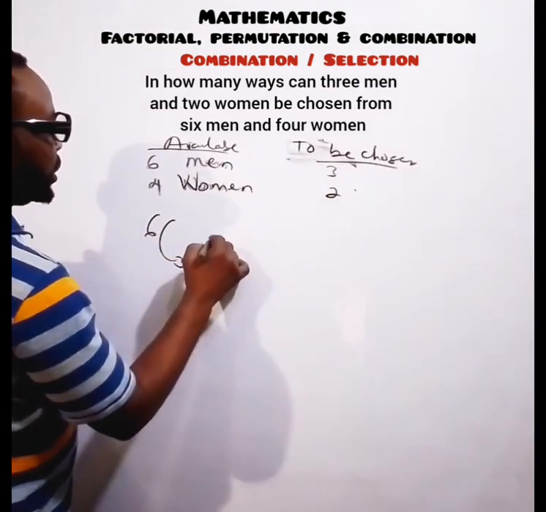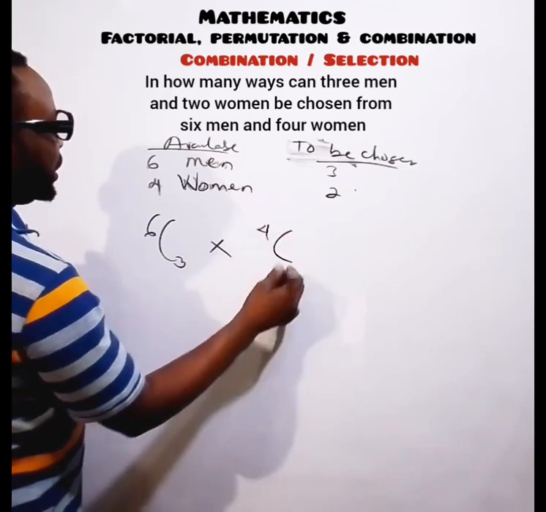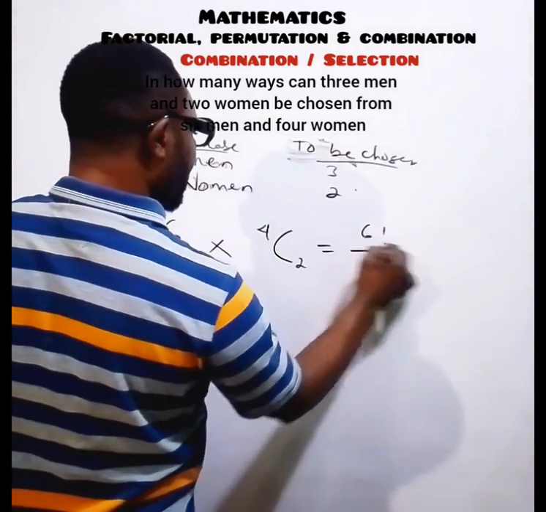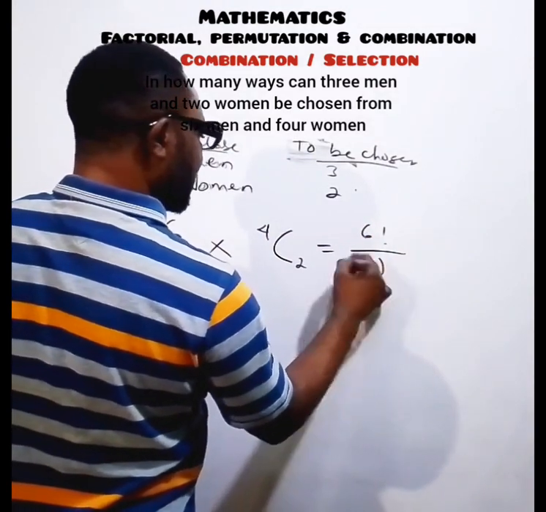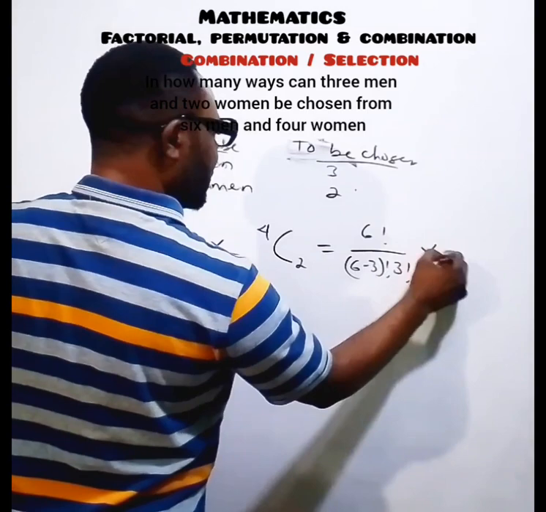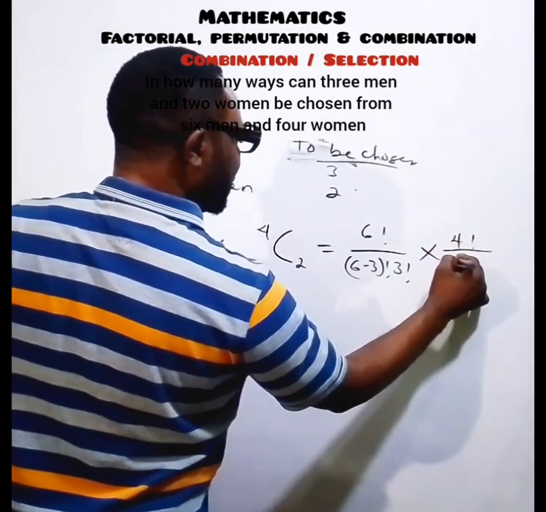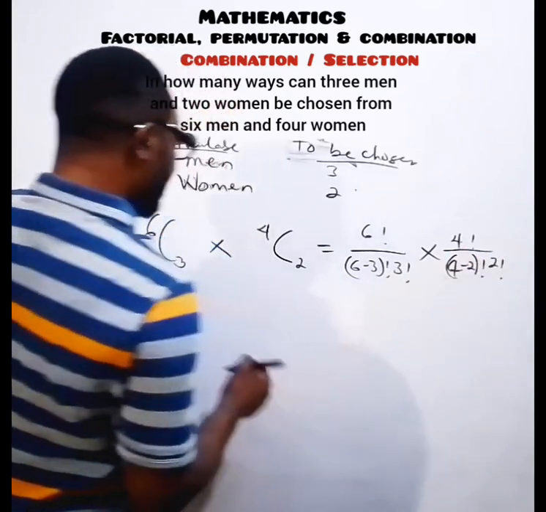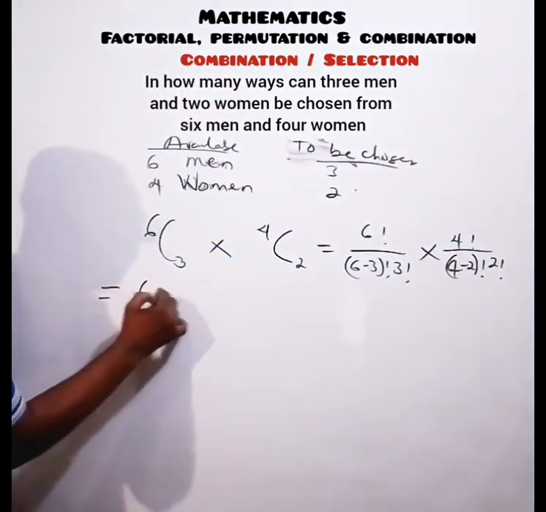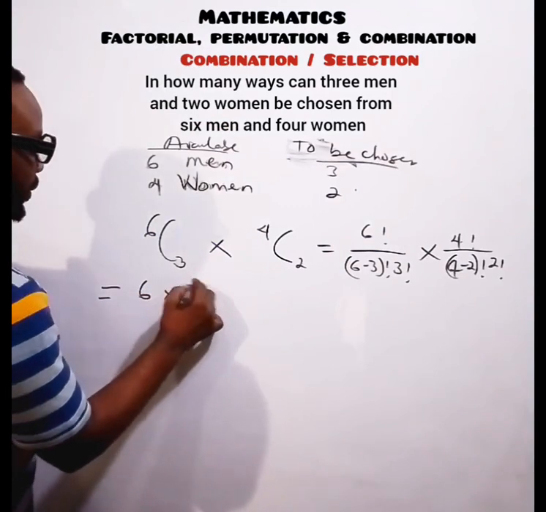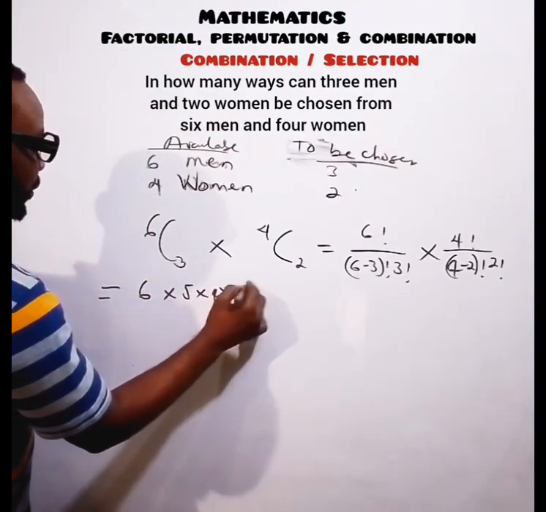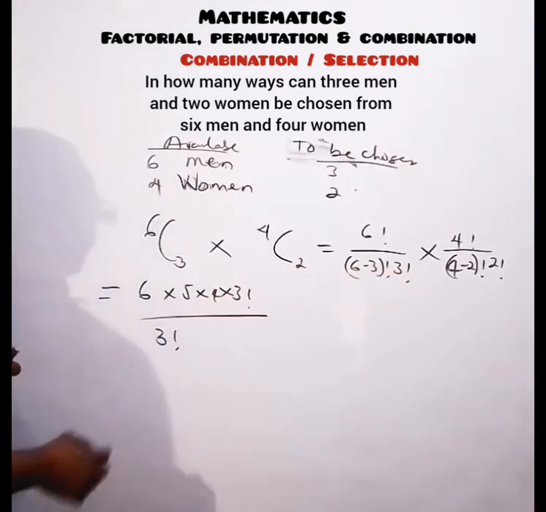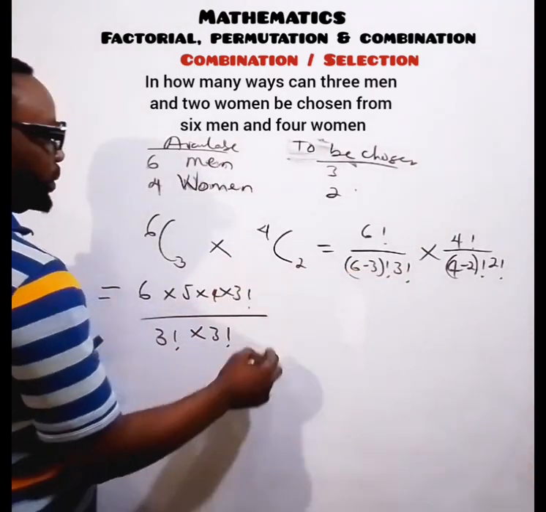3 multiplied by 4 combination 2, which is going to give us 6 factorial all over 6 minus 3 factorial, 3 factorial, multiplied by 4 factorial all over 4 minus 2 factorial, 2 factorial, which is going to give us 6 times 5 times 4 times 3 factorial all over 3 factorial. 6 minus 3 is 3, multiplied by 3 factorial.